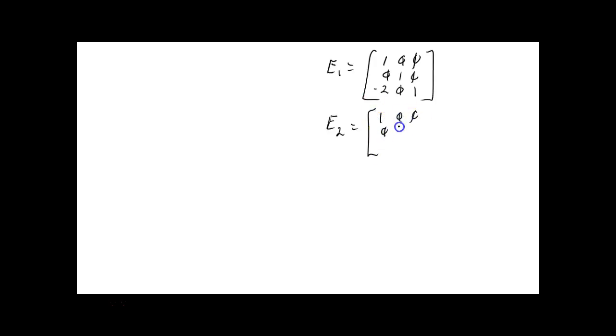So let's do E1, and that was 1, 0, 0, 0, 1, 0, 2, or was it negative 2? Negative 2, 0, 1, right? And E2 was 1, 0, 0, 0, 1, 0, 0, 4, 1. Now we need the inverse of each of these.